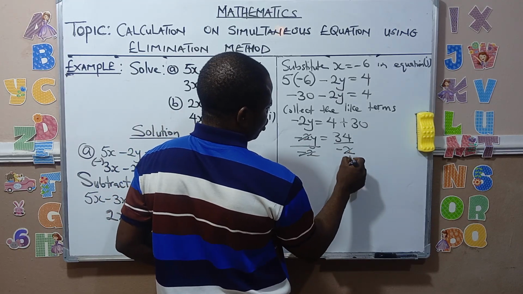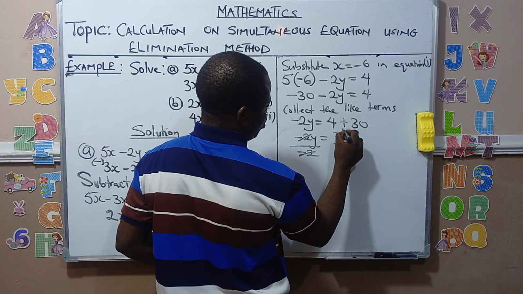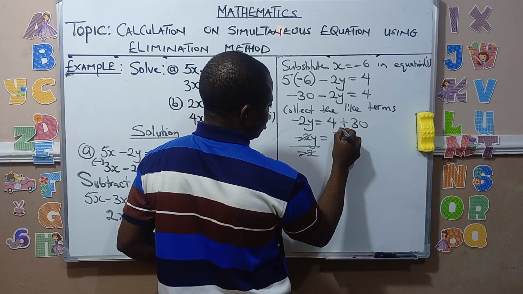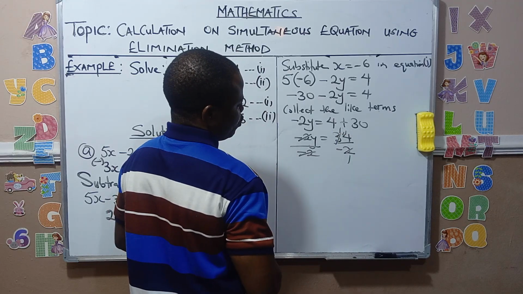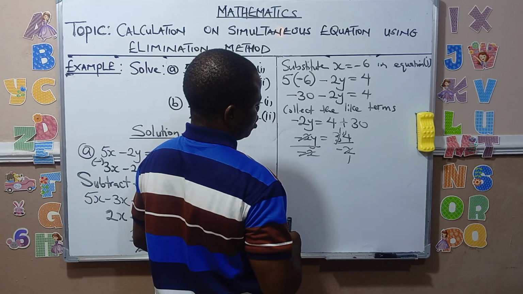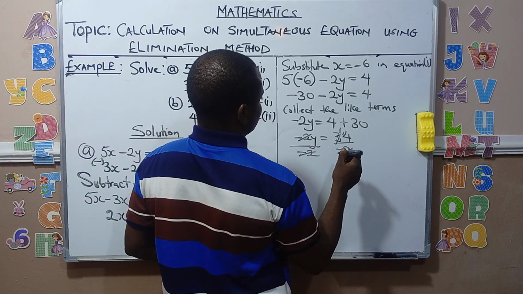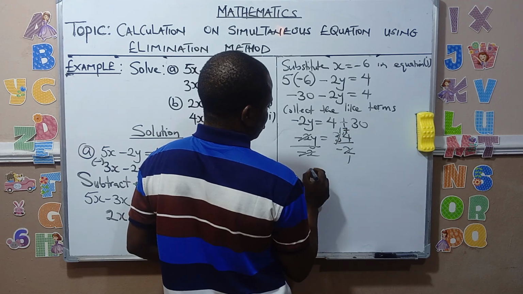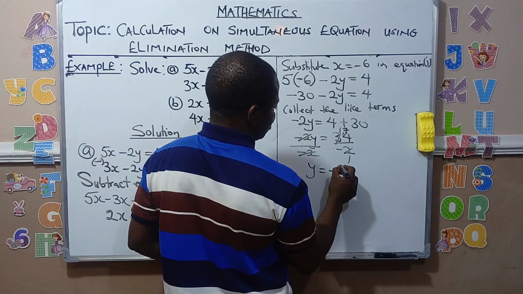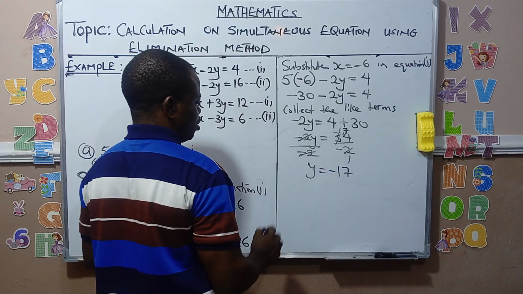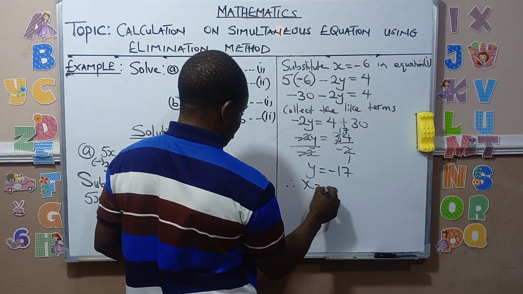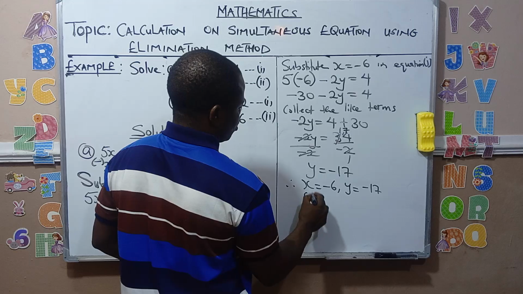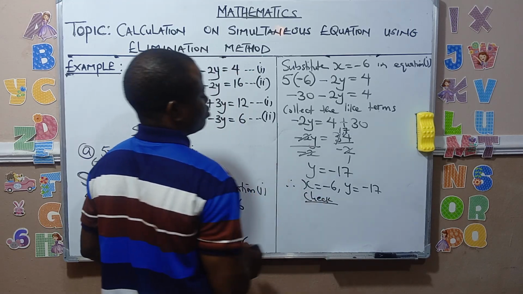Now 2 in 3 is 1, remainder 1. 2 in 14 is 7. Y equals minus 17. Therefore, x equals minus 6, y equals minus 17. Let's check to know whether what we got is correct.